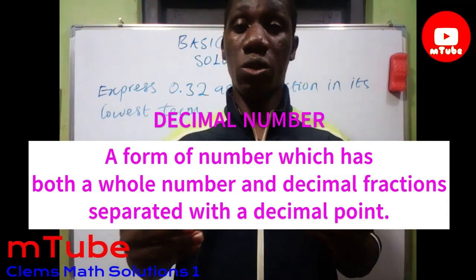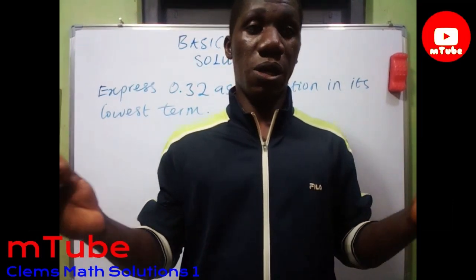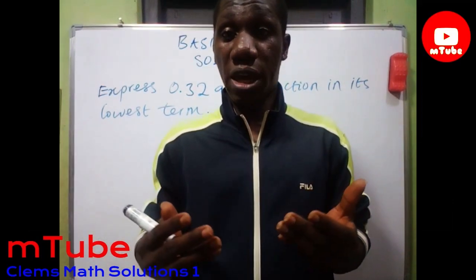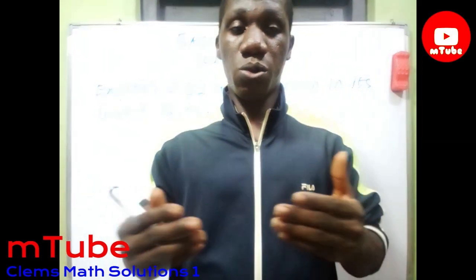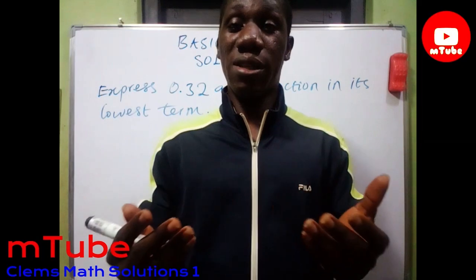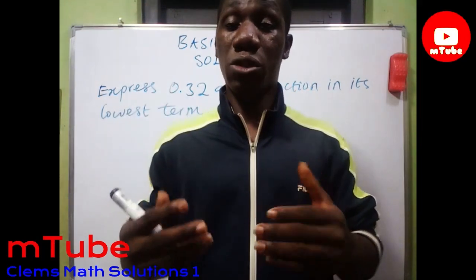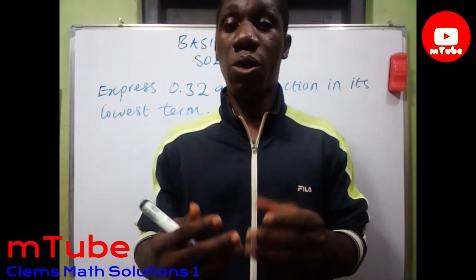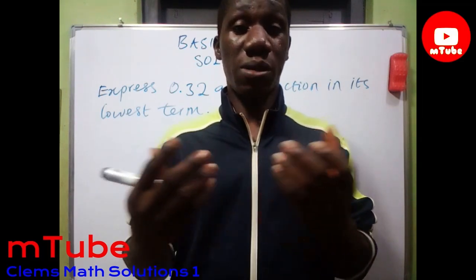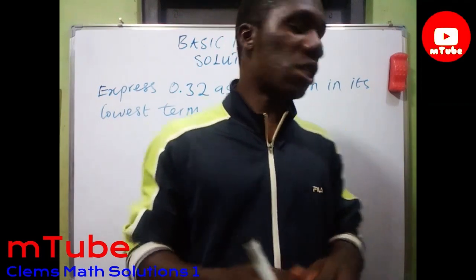Since it's a combination, there will be a kind of separation, because they came together. So when you are expressing it as a real, visible fraction that has a numerator and a denominator, there will be a kind of separation again, and that is what I'm going to explain.